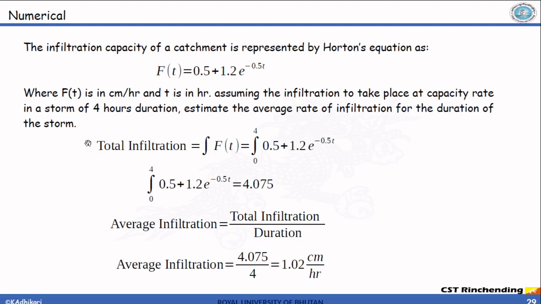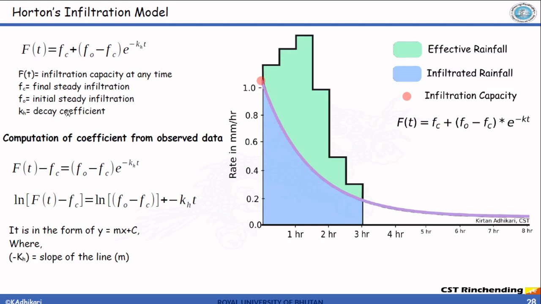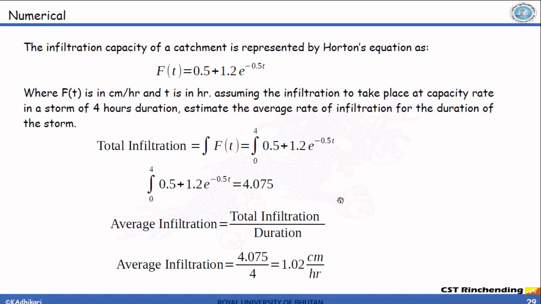If I just go back to refer to the image, you can see this is the equation that is given to us. Now it wants us to find the average infiltration. Average infiltration would be the total infiltration divided by the total duration.